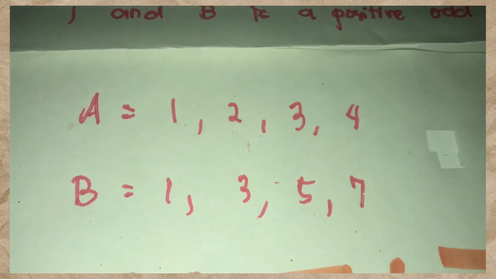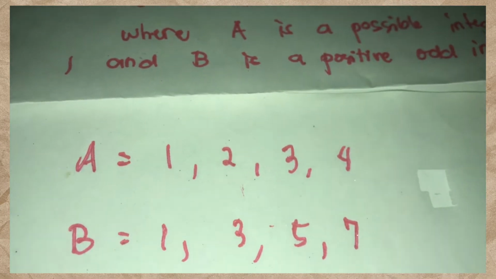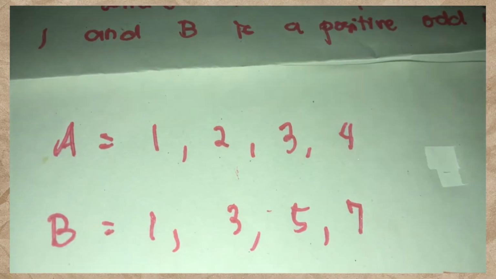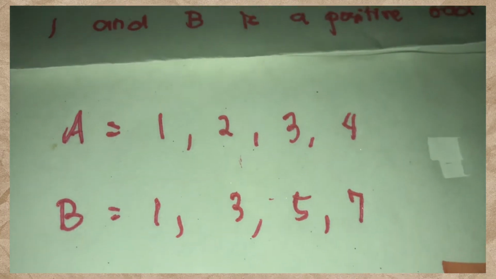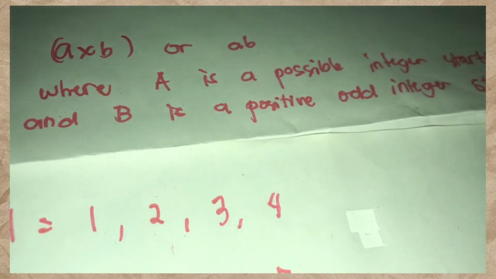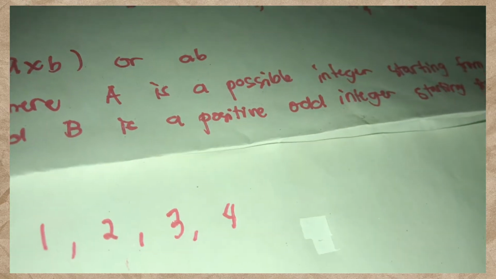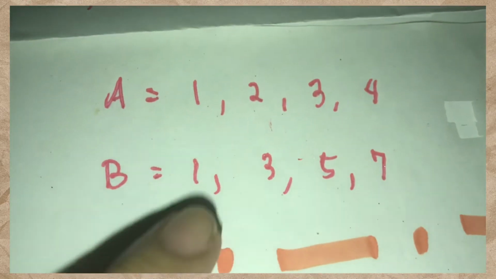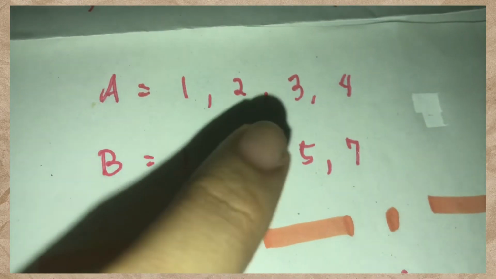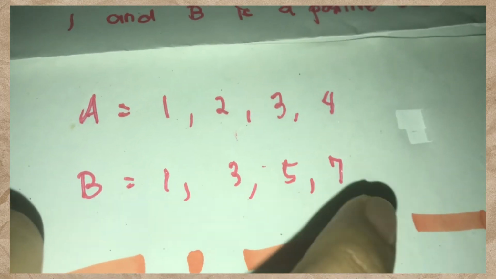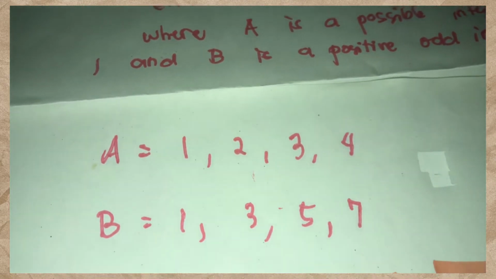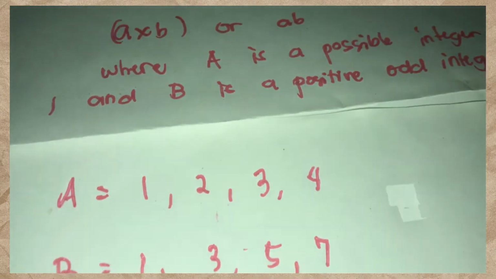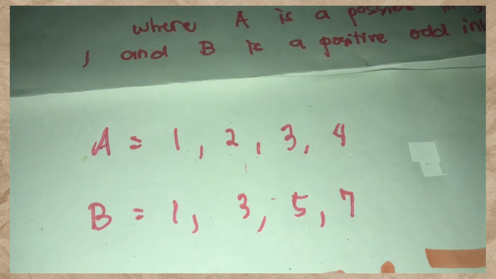And for the value of b, I have also shown the possible four sets, any positive integer that starts from 0 or 1. So I just matched it with a. So I have 1, 3, 5, 7. Still, I stopped at the fourth place because we have four hexagonal patterns in the picture.